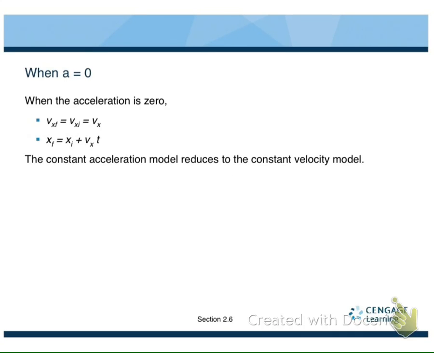And this is a special case when the acceleration is 0. When the acceleration is 0, the velocity is a constant, and the distance is a linear function of time.